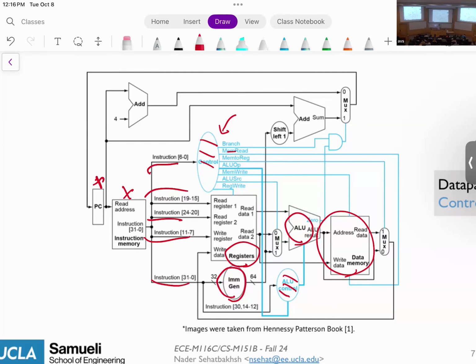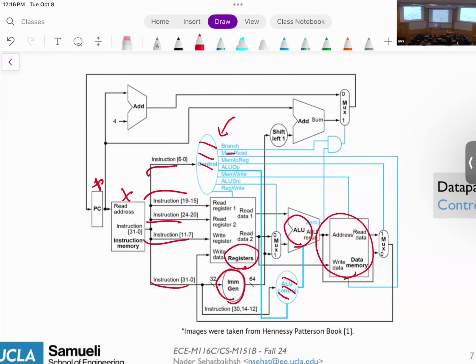Think about this as kind of like valves. So we open a valve or close a valve so that the data flow can go through different pipes. That's literally how the controller works. And these black signals and black wires and all, these are all part of your data path. Okay, so this is the notation that we're going to use in this class.